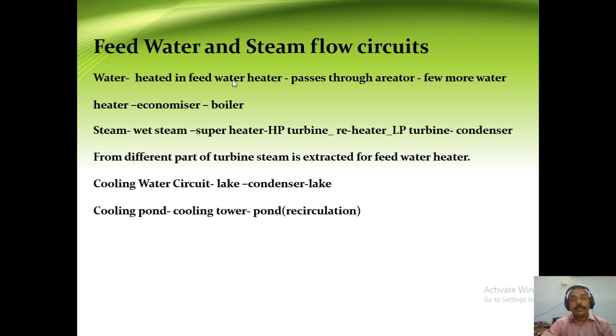Water heated in the feed water heater passes through the deaerator, a few more water heaters, economizers and boiler. While in the steam flow circuit: steam, wet steam, superheater, HP turbine, reheater, LP turbine, condenser, and from different parts of the turbine, steam is extracted for the feed water heater. So these are the flow circuits of the steam.